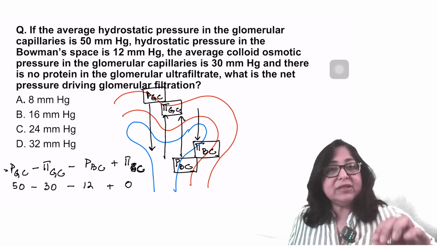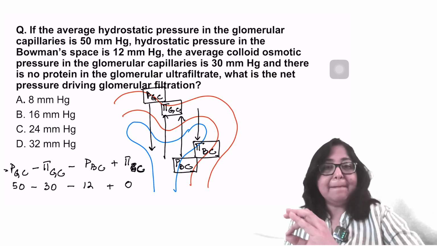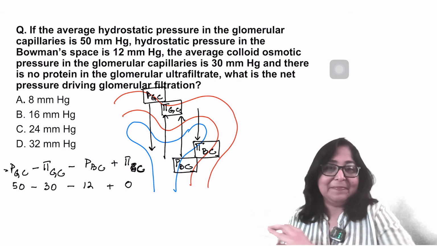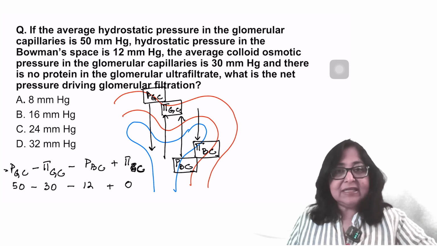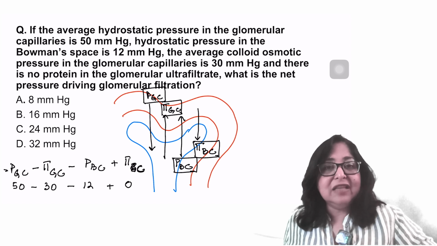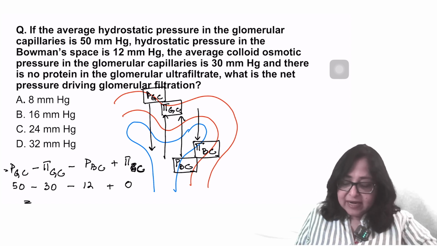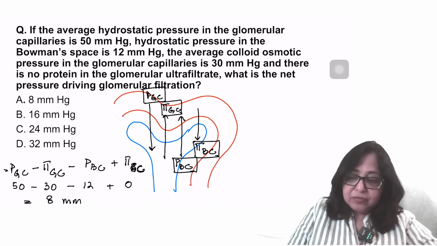So once again, what is the net pressure? PGC minus pi GC minus PBC plus pi BC. PGC is 50, pi GC is 30, PBC is 12, and pi BC is 0 because there are no proteins in the filtrate. This gives me a net pressure of 8 millimeters of mercury.